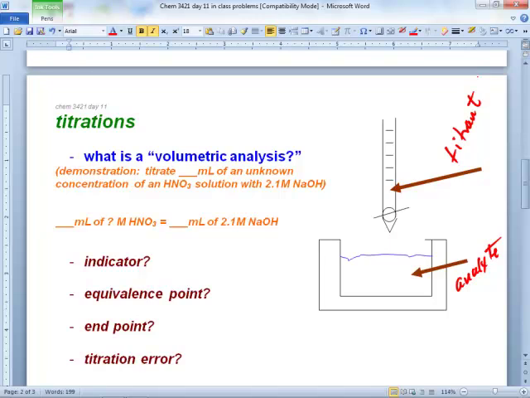I measured out, while you guys are taking the quiz, and that looks like about how many mils? Around 10. All right, so let's put in a 10 there. So the question really comes down to: 10 mils of this unknown molar concentration of nitric acid is question mark mils of 2.1 molar NaOH. Because where's my NaOH? Here it is.